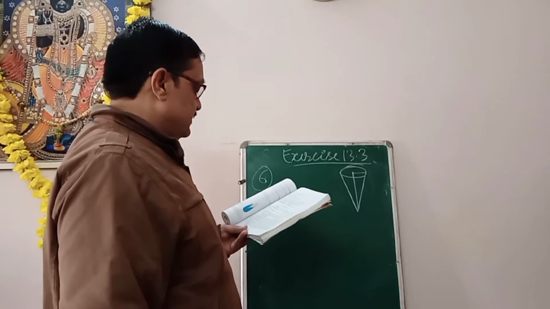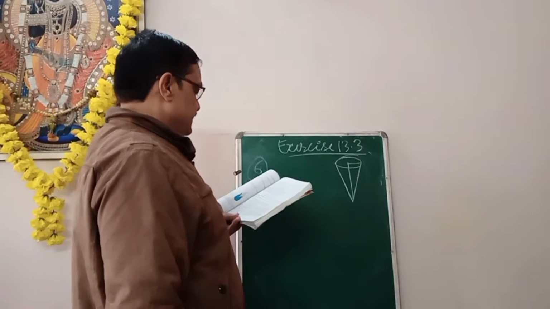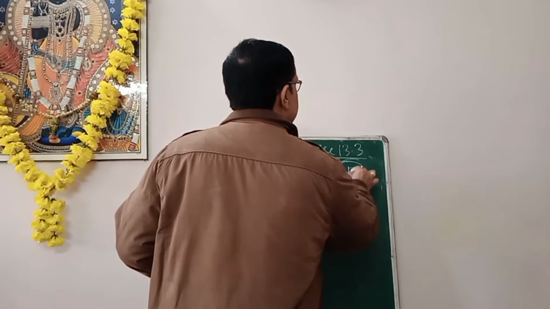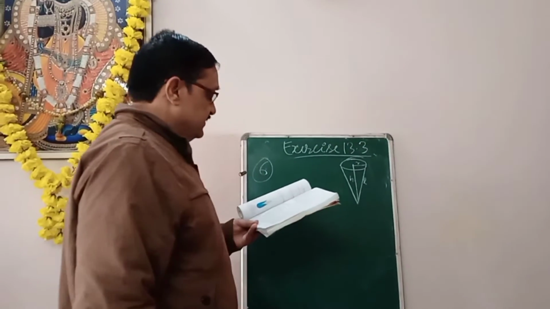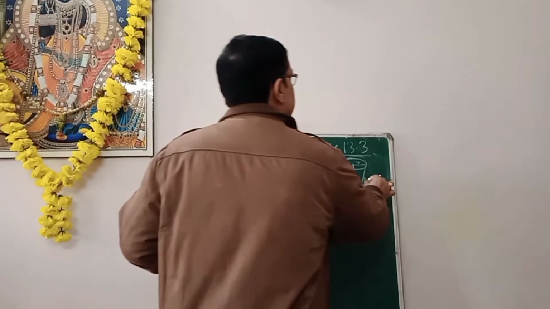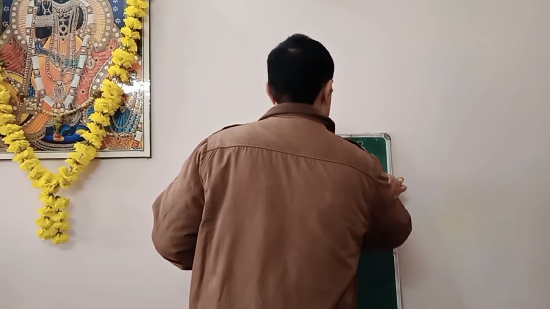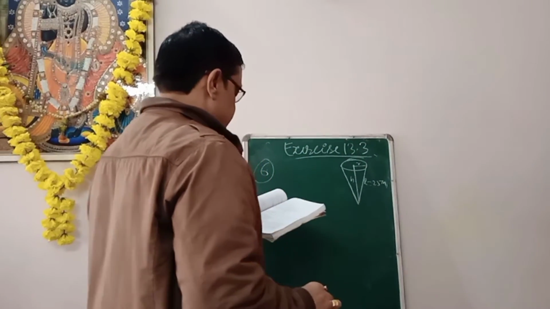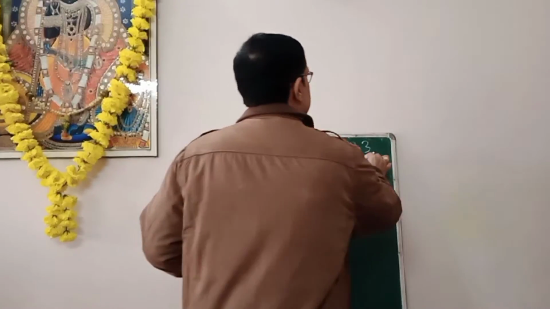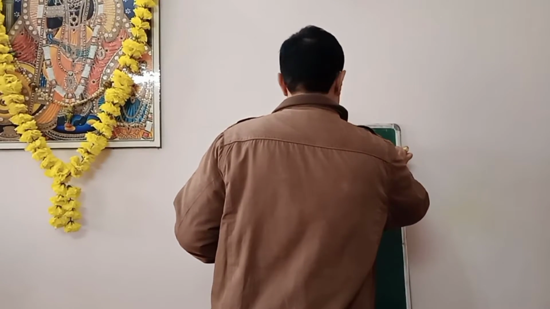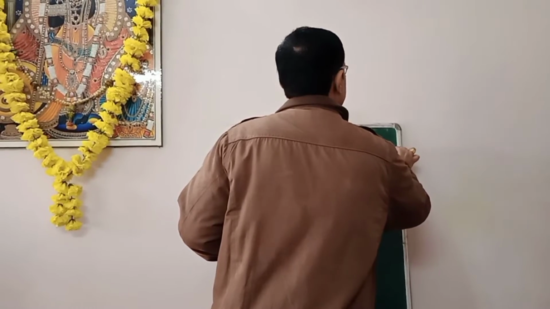This is slant height L, this is H, this is R. So what is given? Slant height is 25 meter, and diameter of base, so R is equal to D by 2 is equal to 14 by 2 meter.